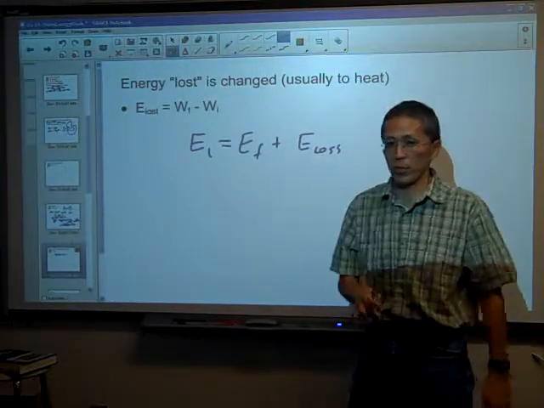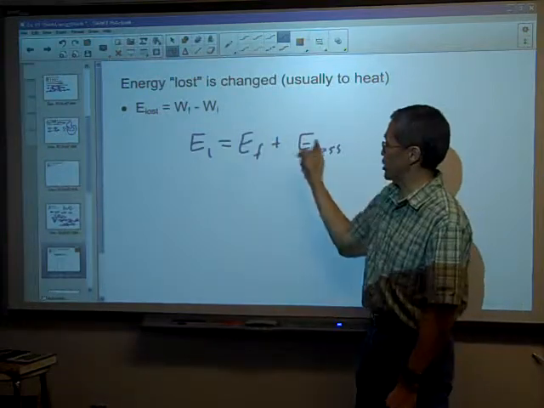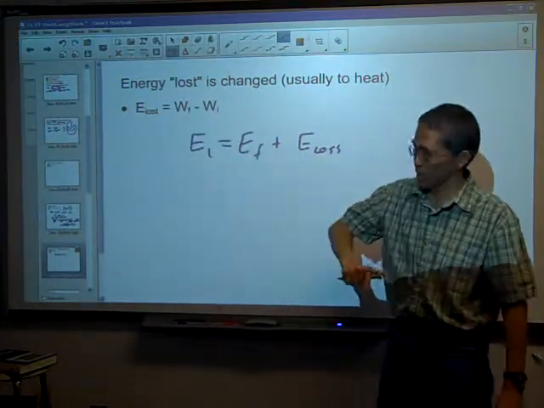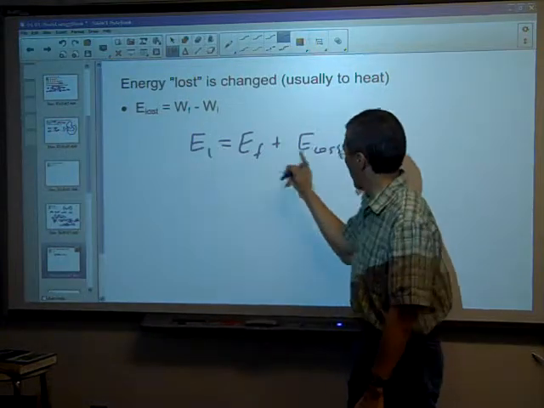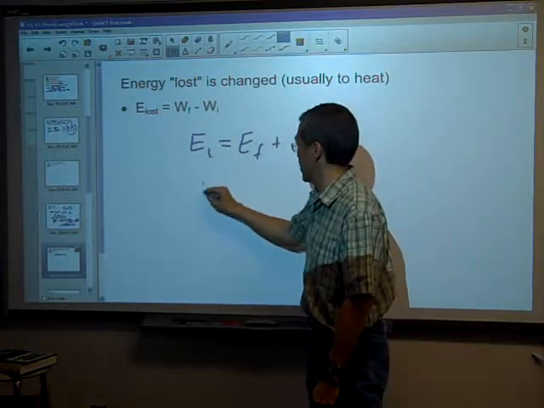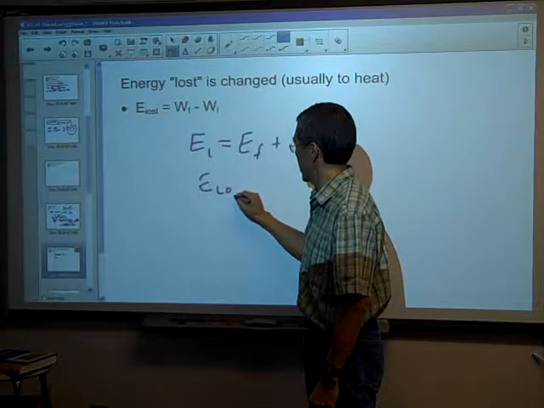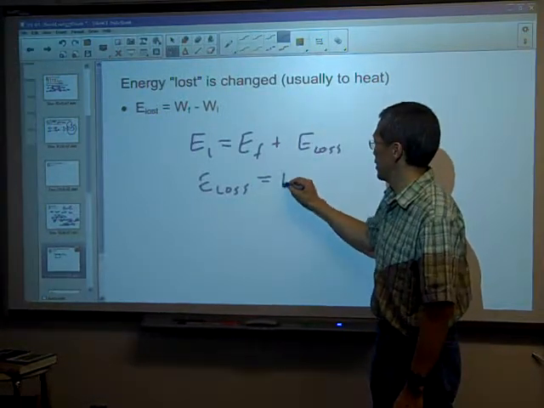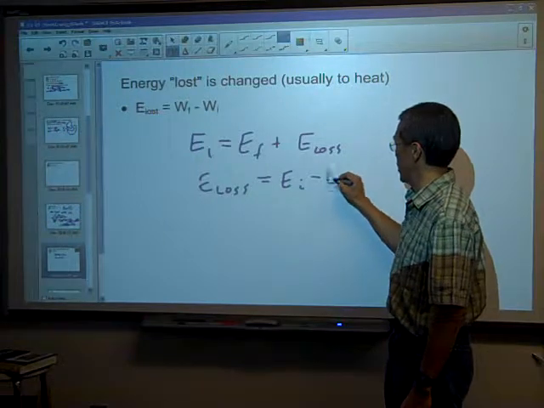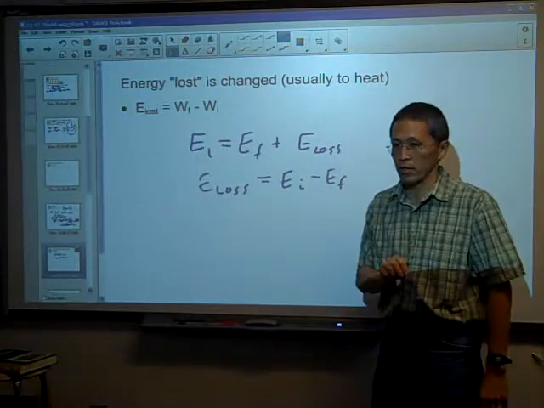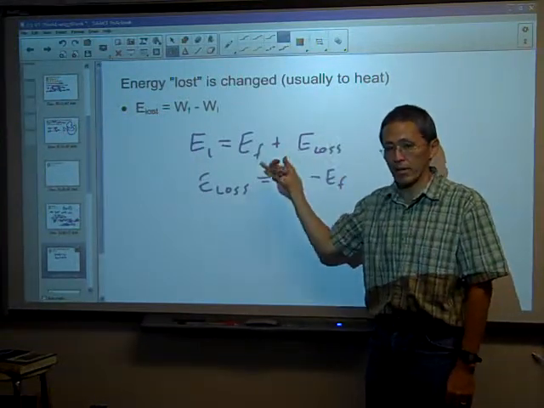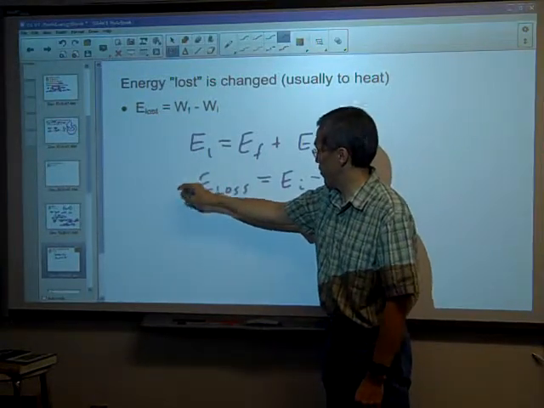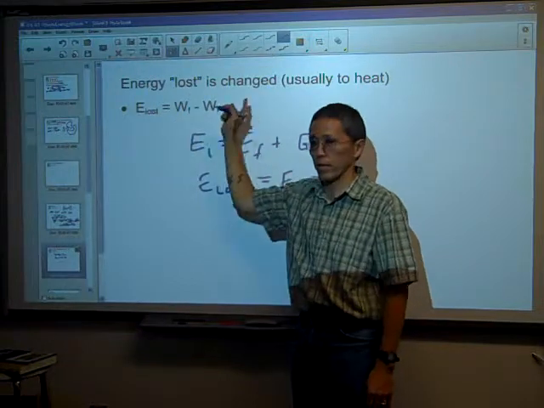Well, it kind of rearranges the equation. It says it that way because if I rearrange this equation, that ends up being E initial minus E final. If you assume that that's always going to be negative, then that's why that equation says it this way.